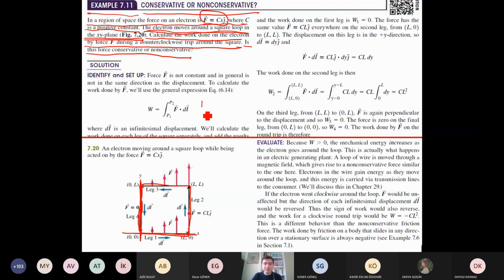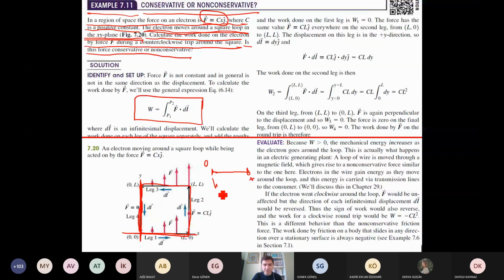We cannot use the constant-force equation here, because the force is not constant. What you see here is a constant C, but here we have x. So depending on x, F changes. You can consider it like this. This is the x-axis, this is the origin, and at the origin, F is C times, instead of x, you put 0, j.